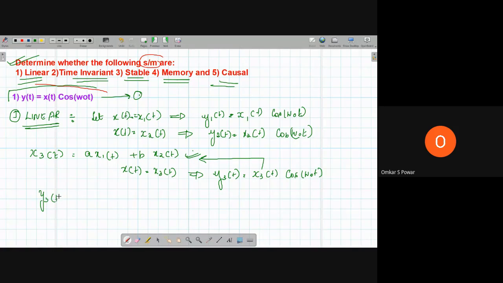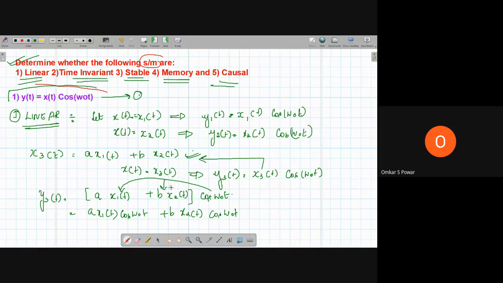So y3 of t is equal to a into x1 of t plus b into x2 of t, into cos omega naught of t. So we have to multiply inside: a into x1 of t into cos omega naught of t plus b into x2 of t into cos omega naught of t. I have just multiplied by this cos omega naught t inside. It's just a normal multiplication.